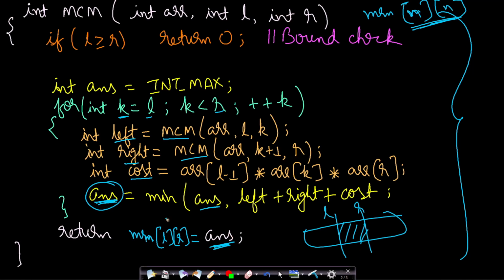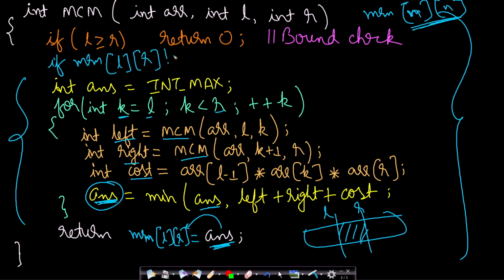So what this is doing is this answer is getting assigned to memoization at L, R and then it is getting returned. Okay. Now we need to also check if the answer is already calculated so that we don't have to perform all these calculations. So just after the boundary check, we can insert here: if memoization at L, R is not equal to, let's say, -1, right?